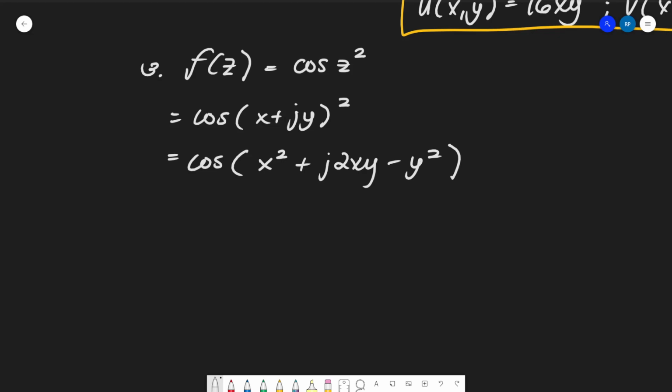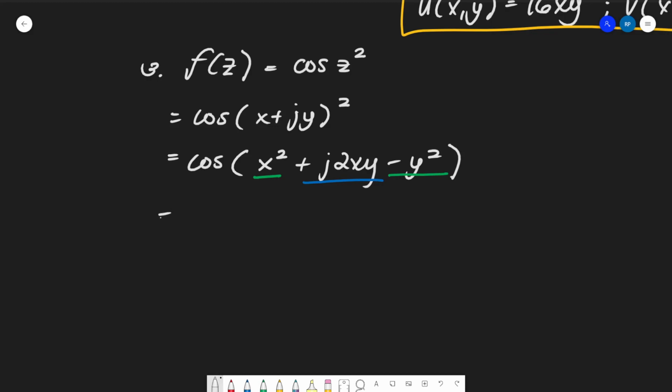And we know that in our trigonometric functions involving complex numbers, we have a formula for this, the identity cos x cos y minus j sin x sin y. And we need to identify the real part. The real part is of course the one without j, which is x squared minus y squared. Then the imaginary part is the j2xy.